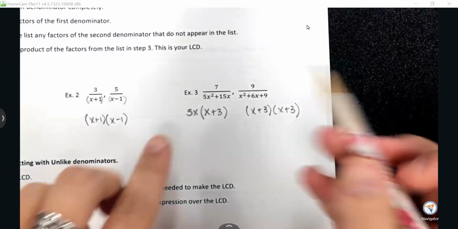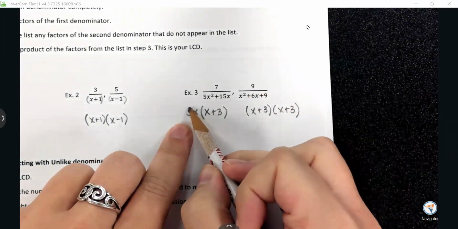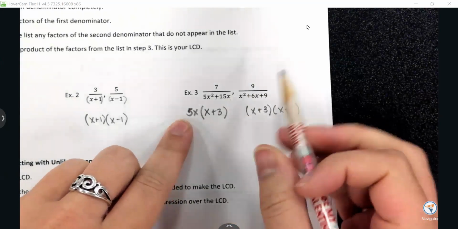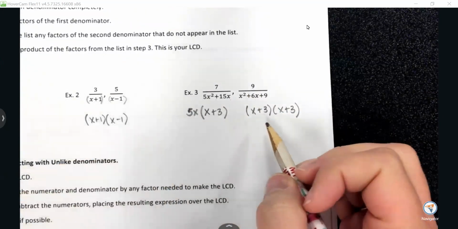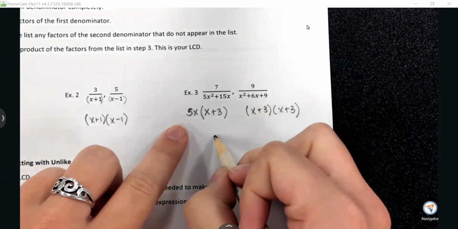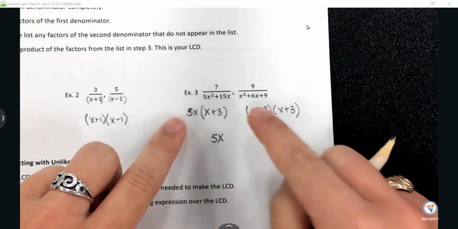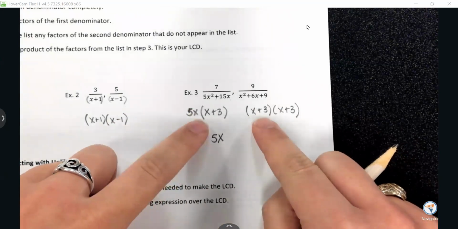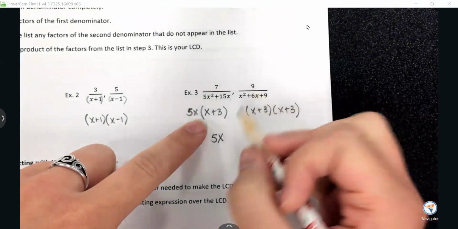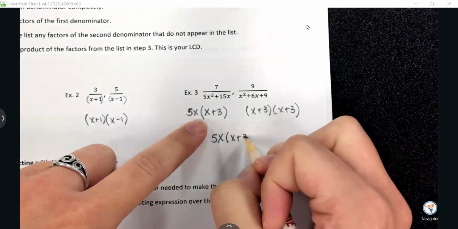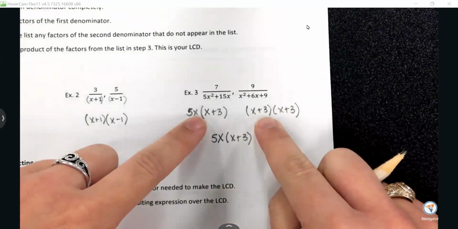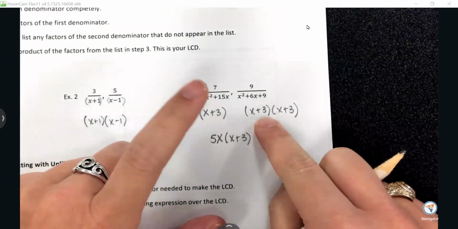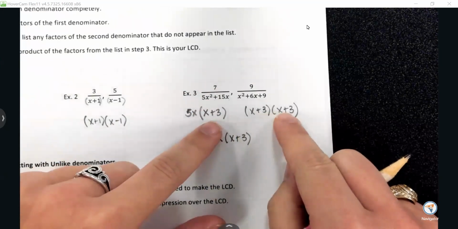So first of all, the left side has a 5x. Does the right side have a 5x? So I have to get the right side to have a 5x. So I know that 5x is going to be in my common denominator. They both have an x plus 3, so I'm going to keep an x plus 3. Does the left one have another x plus 3?